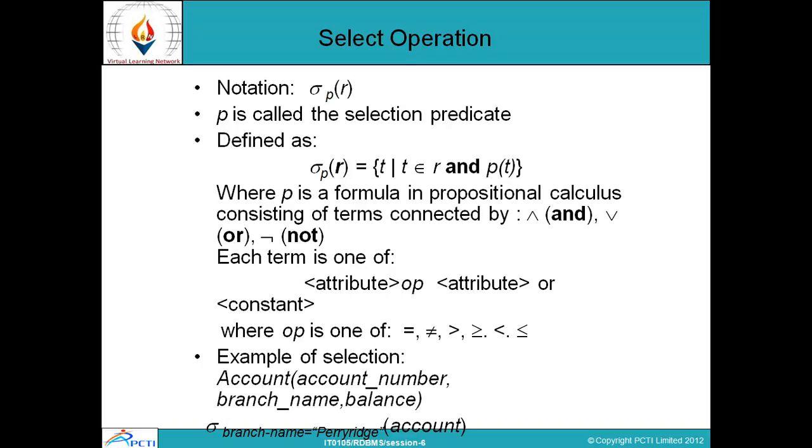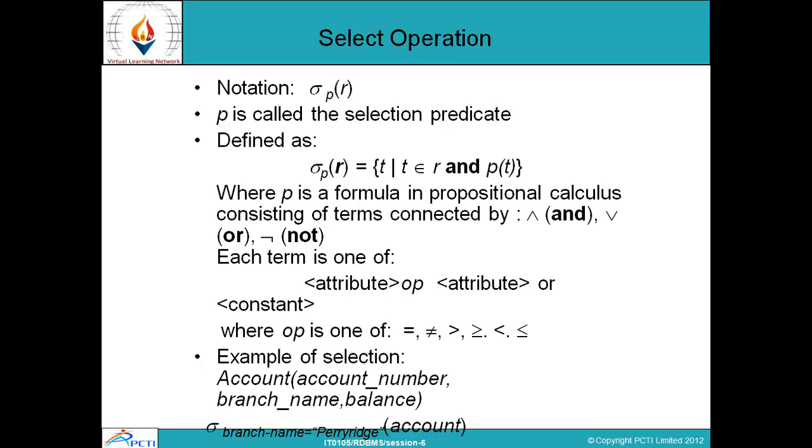Here we use the symbol sigma to select multiple rows, where sigma is used to denote the select operator and the selection condition is a Boolean expression specified on attributes of relation R. Notice that R is generally a relational algebra expression whose result is a relation, and the simplest expression is just the name of a database relation.